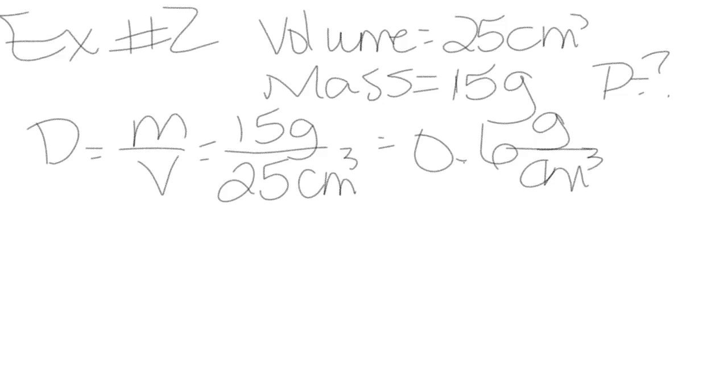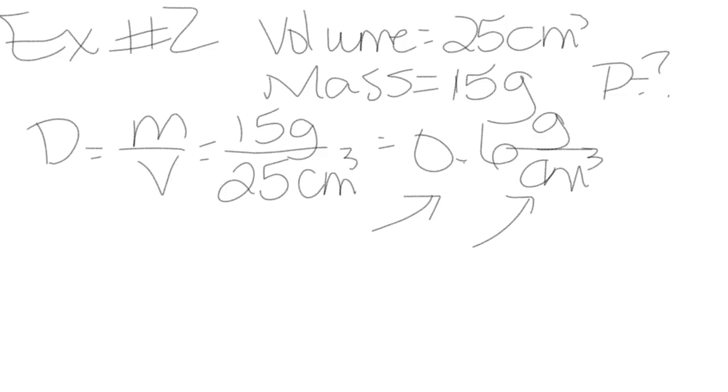Now remember, unless it gives you a nice even number like this, you're going to go 2 places after the decimal. That's just what I'm having you do, but these two have just happened to come out nice and neat. This is 0.6, which is less than 1, so it's going to float. And centimeters cubed would tell me that that's a solid.